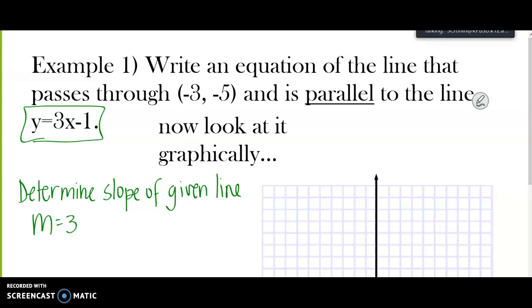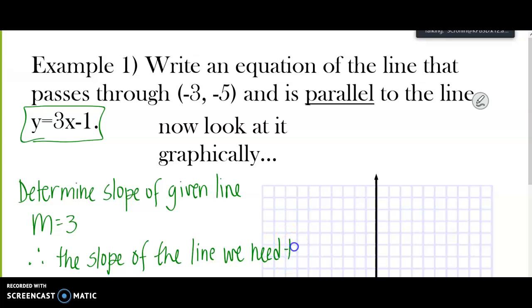We determine the slope of the given line. Therefore, these three dots mean therefore, a shorthand way to write it. Therefore, the slope of the line we need to find is also 3. But it's going to have a different y-intercept.